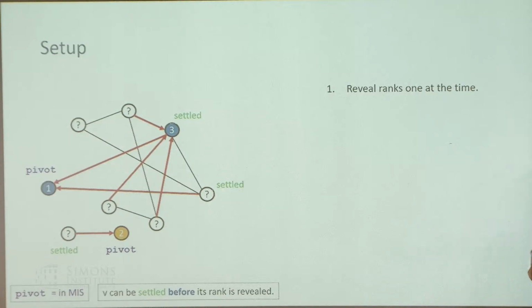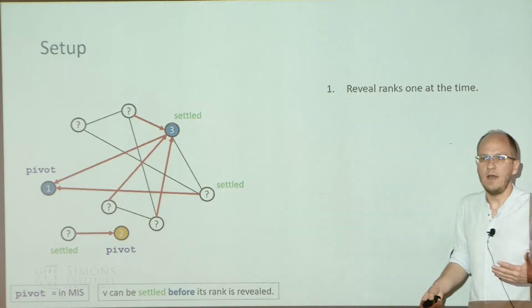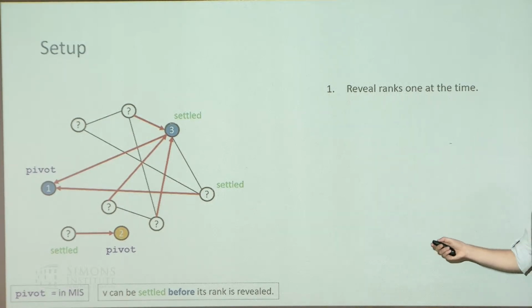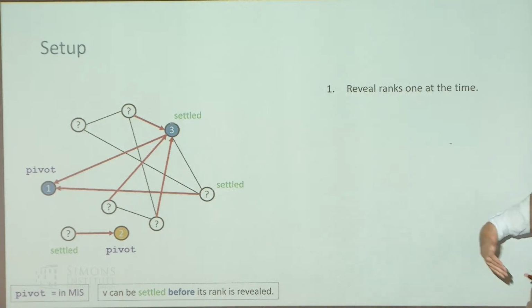Okay, so this is the process. I'm doing nothing else but revealing ranks one by one and reasoning about these very simple properties. Settled vertex, and then these red arrows, meaning that eventually, if I'm asked to run LCA from this vertex, I will query 1.